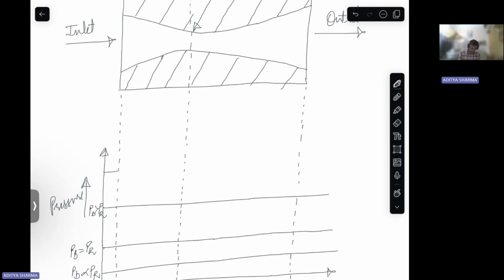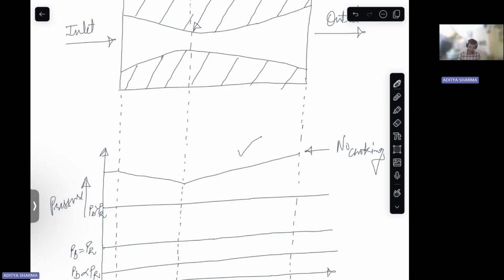So if your pressure starts from here, right? So one is the case where your flow is not choked, right? So here, no choking. Because the flow is not choked, in that case, you can see in the divergent section, your pressure is further increasing from the throat only, right?